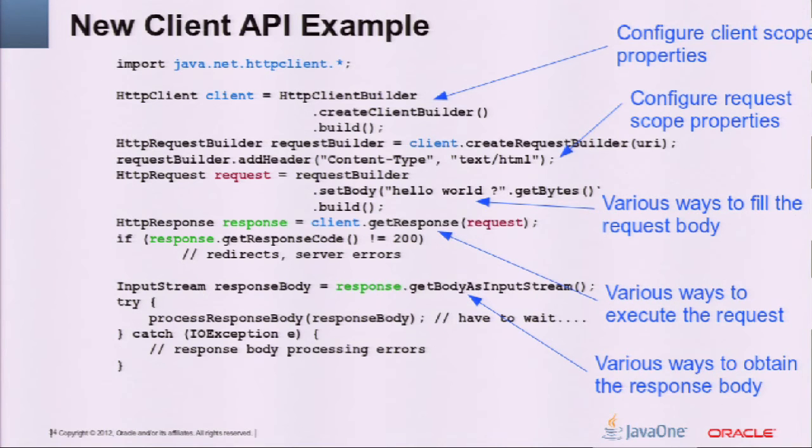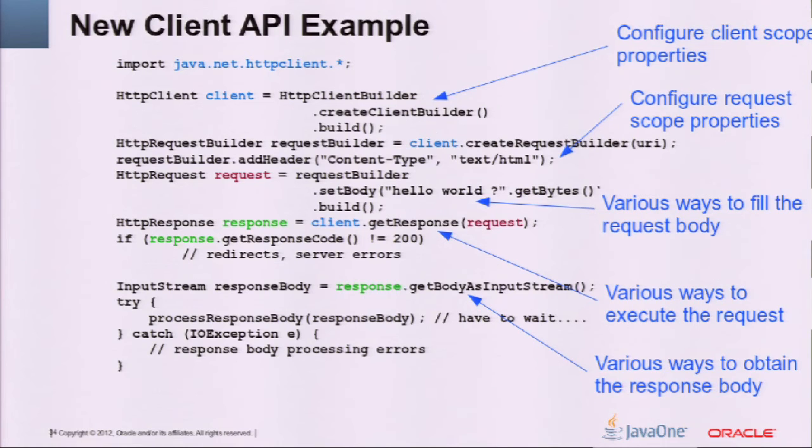Then on the request builder, we will twiddle with the request scope properties like adding headers, configuring whether redirects work, perhaps overriding some of the default client scope properties. Then we have a variety of ways also on the request builder to fill out the request body. We have push and pull versions, streaming, setting with just a simple byte array, and so on.